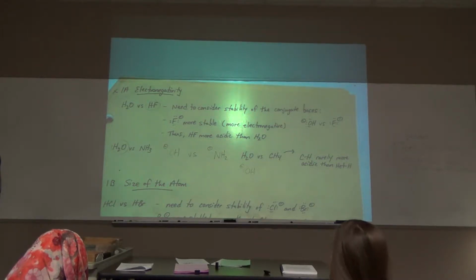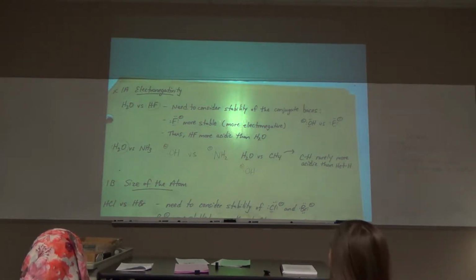CH3 is incomplete. CH3 what? And how many lone pairs? I predict that if I ask you to turn in on a piece of paper the conjugate base of methane, half of you would not get it right. You need to make sure you know what conjugate bases are.